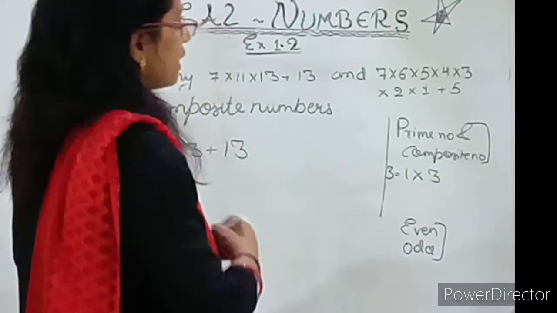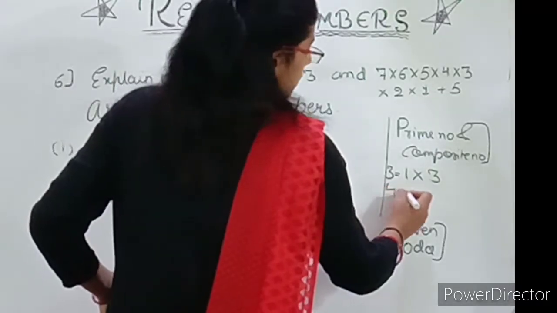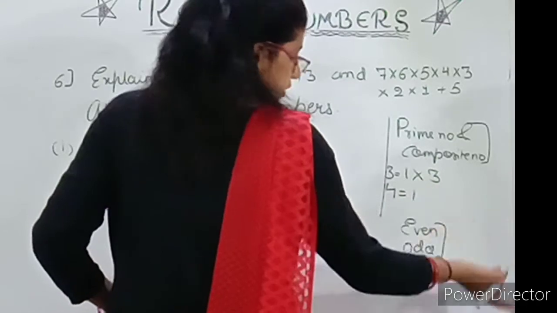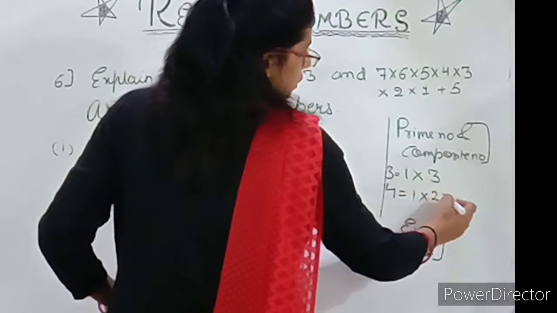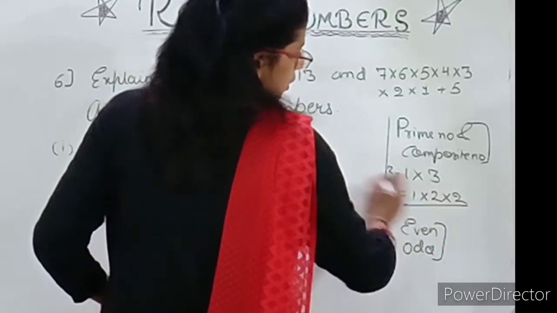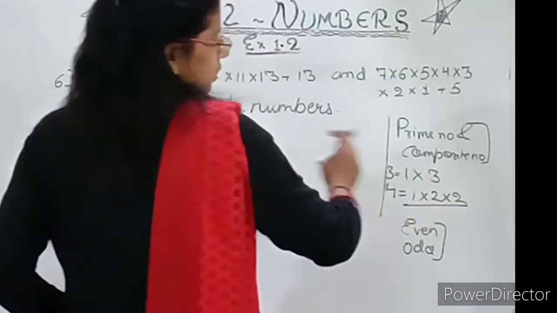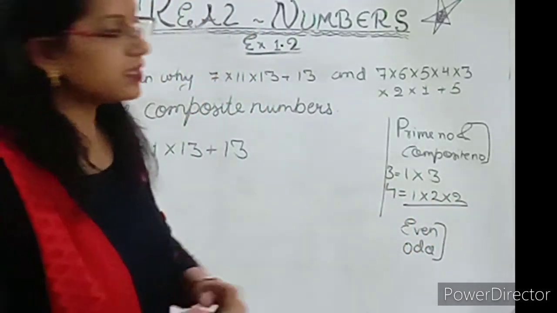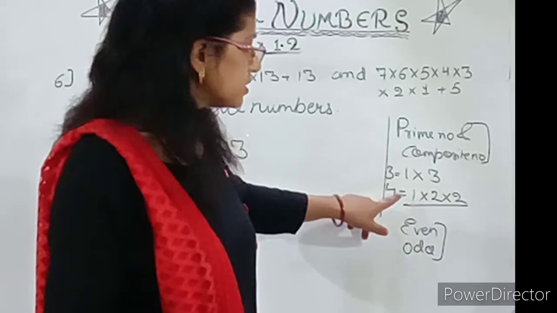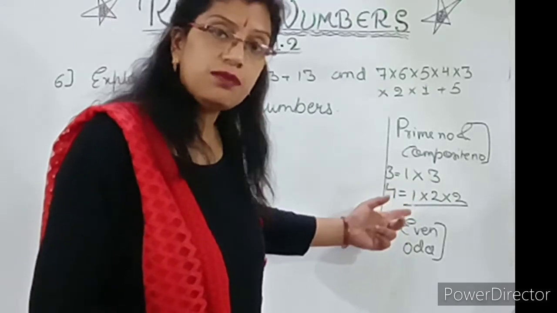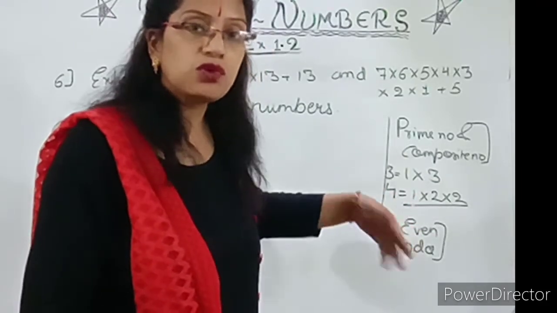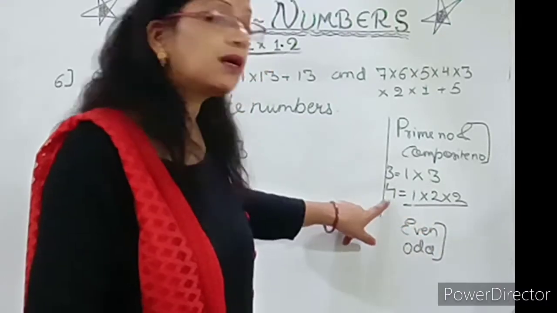If you take 4, it is 1 into 4, and 2 into 2. So how many factors does it have? 1, 2, 4. It has more than 2 factors. It is divisible by 1, by 2, and by 4 also. So it has more than 2 factors, that means it is a composite number.